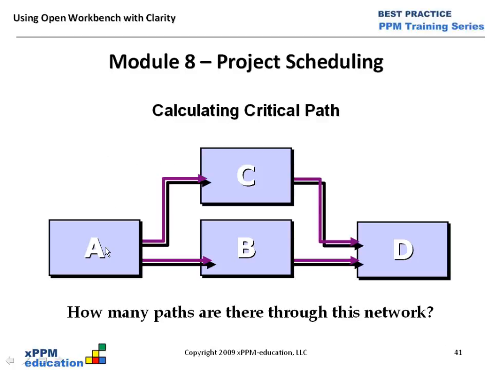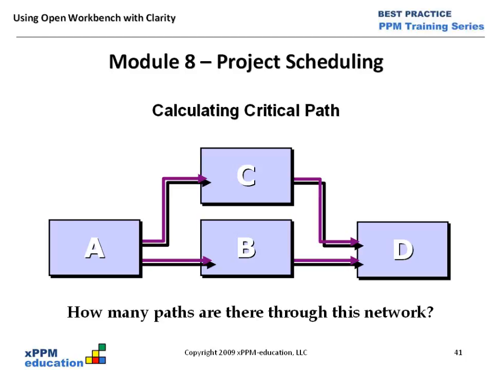Now let's just take a real quick and simple look at calculating critical path. And here we have a very simple dependency network just to explain the concept very easily. When we look at this simple one here, the question is how many paths are there through this network?